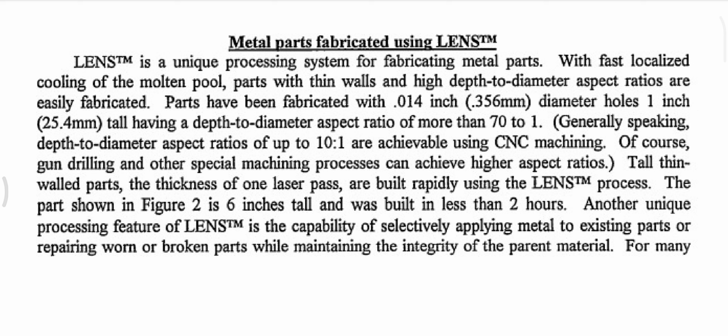Tall, thin-walled parts, the thickness of one laser pass, are built rapidly using the LENS process. The part shown in the second figure is 6 inches tall and was built in less than 2 hours.